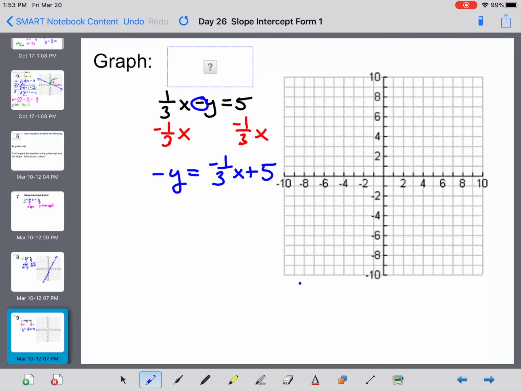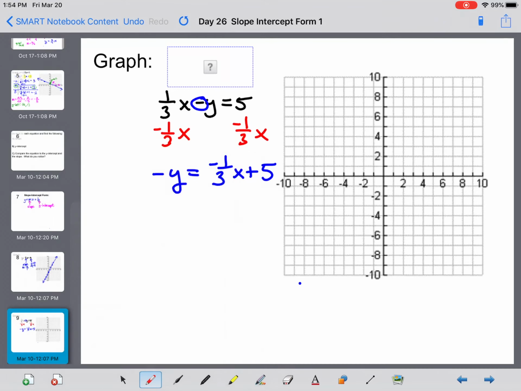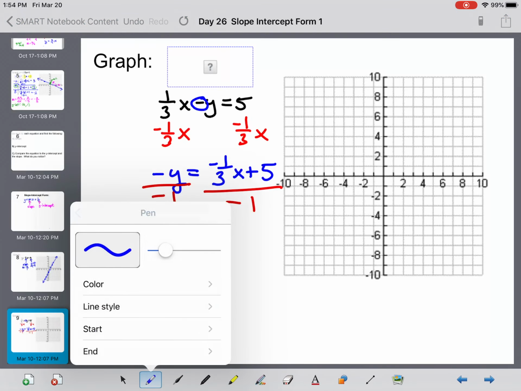But since our slope-intercept form looks like y equals mx plus b, my brain really likes to see that x term first, because then I know exactly where to go to identify my slope. Now, we're not ready yet because that says negative y equals, and I need positive y equals. So let's go ahead and divide every single term by a -1.